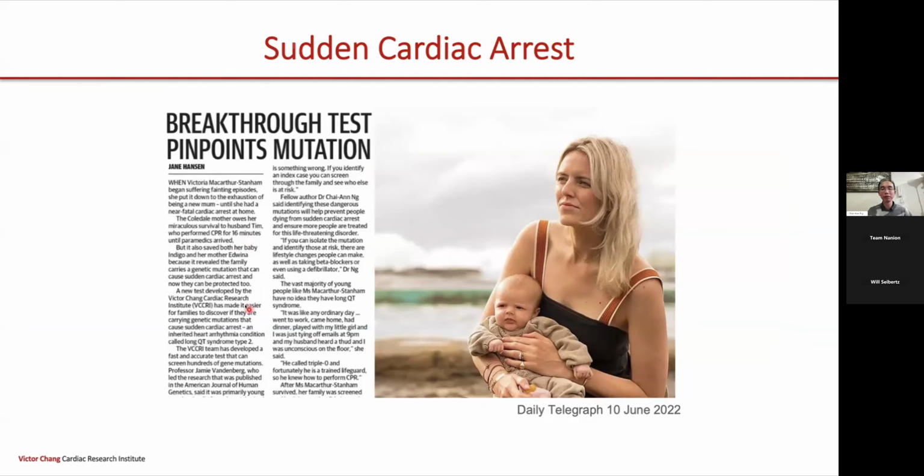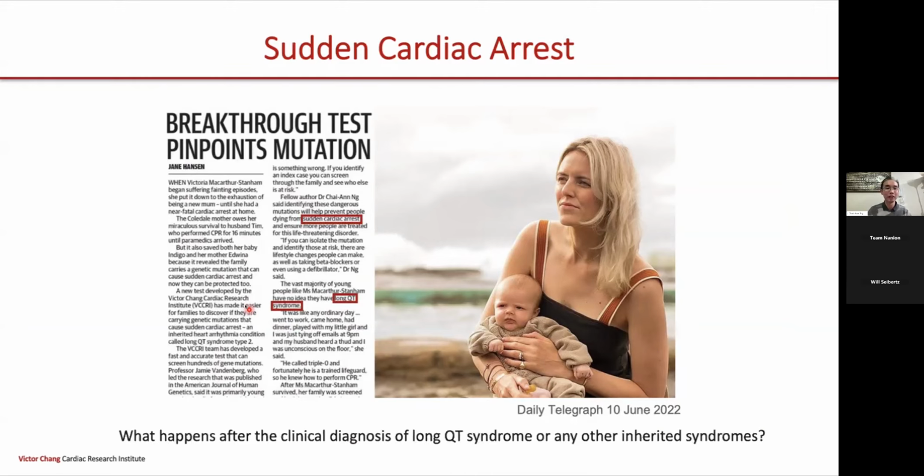So in the case of a syncope or cardiac arrest requiring medical attention, clinical assessment might diagnose you with long QT syndrome. In this case for Victoria, that is likely to explain why she had an episode of sudden cardiac arrest. What happens if you have a clinical diagnosis of long QT syndrome or any other inherited syndrome, it can be any other inherited disease?